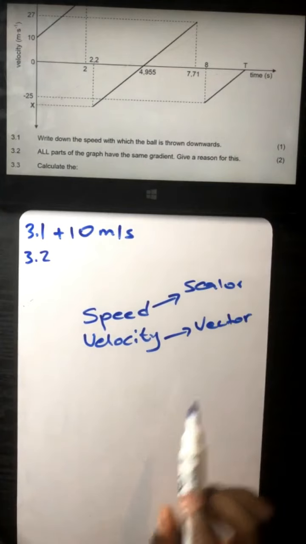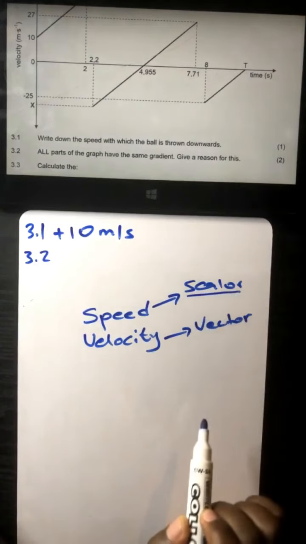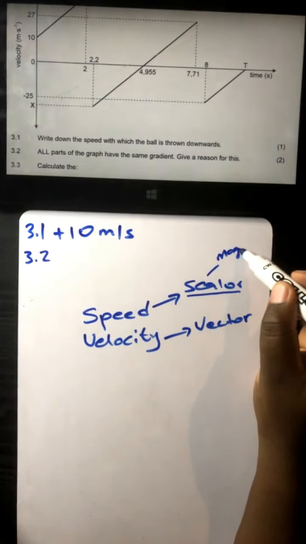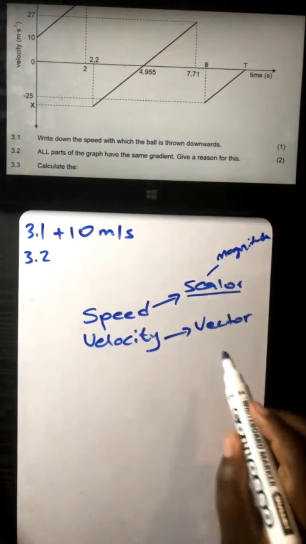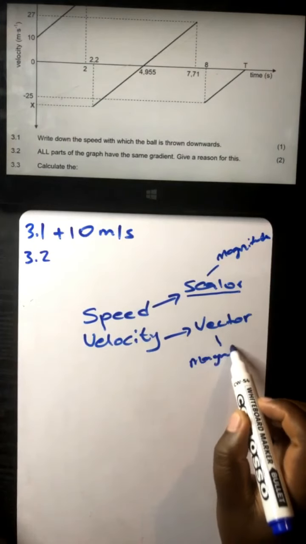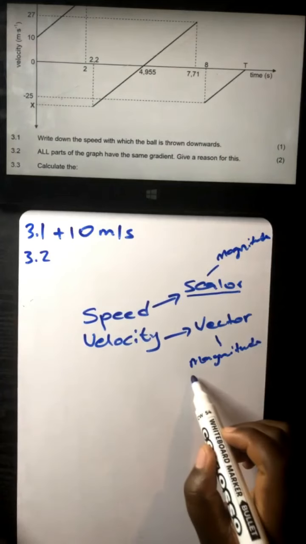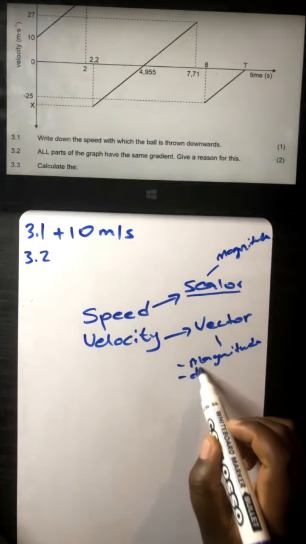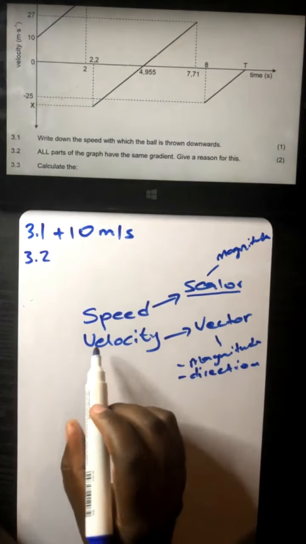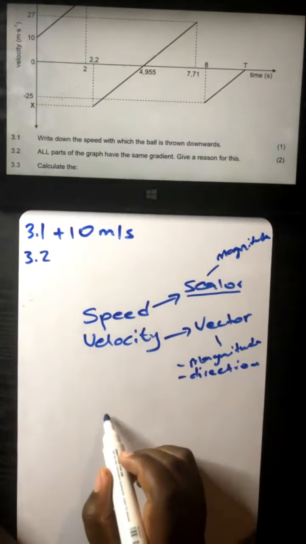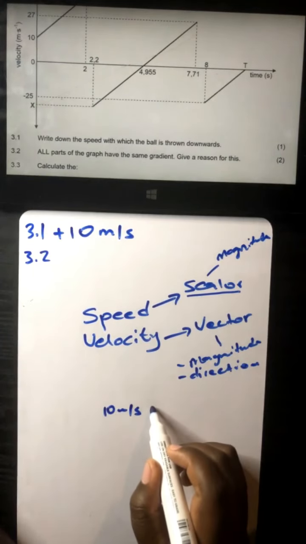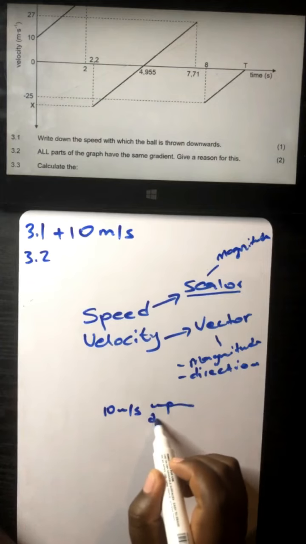What is a scalar quantity? A scalar quantity has got a magnitude only. I'm going to explain all of this. Then a vector quantity has both magnitude and direction. So Mr. D, if they say what is the velocity, that means if it's 10 meters per second, you must also say either upwards or downwards.